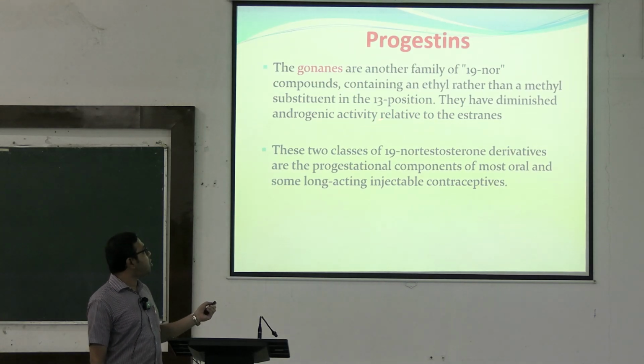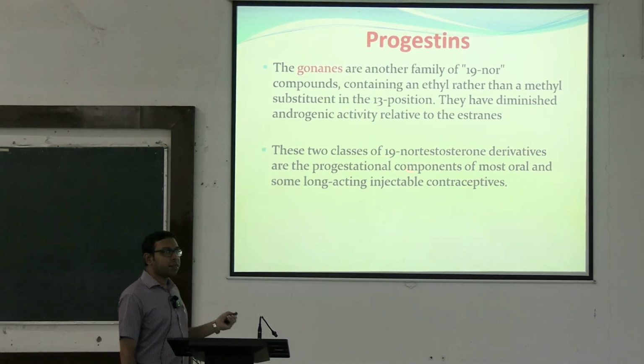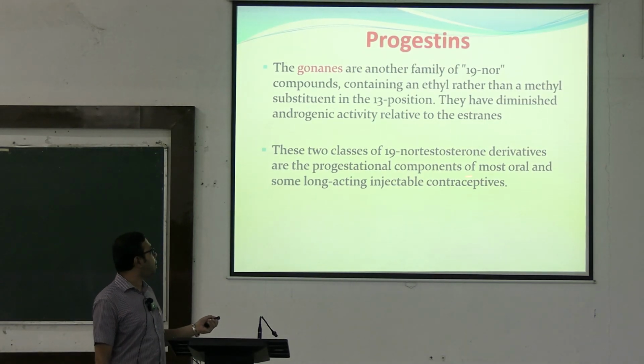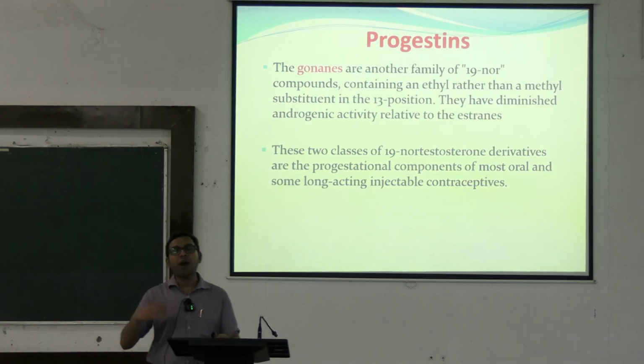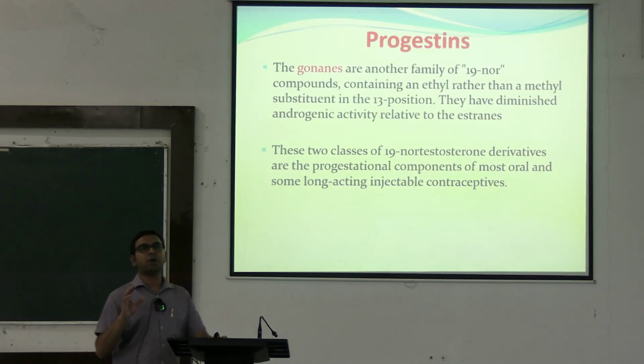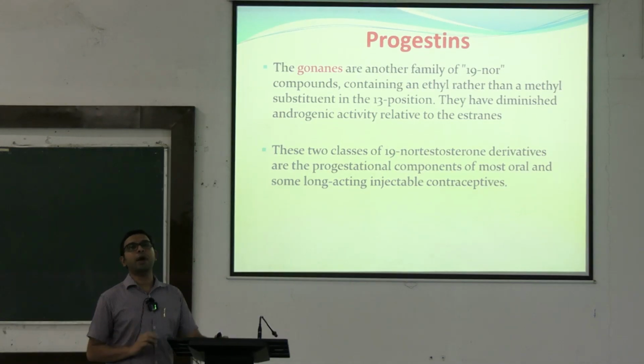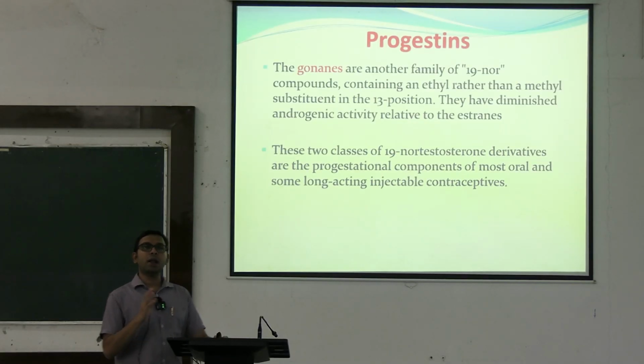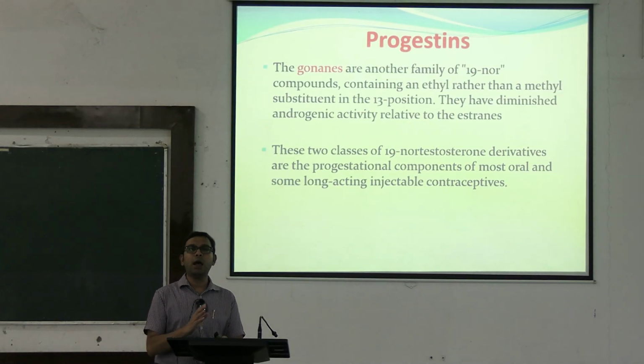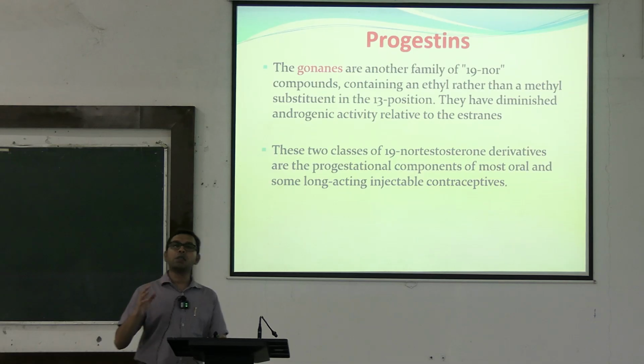They have diminished androgenic activity relative to the estrogens, and they are classes of the 19-nortestosterone compounds. Again, these are used in different types of contraceptive tablets or contraceptive devices.